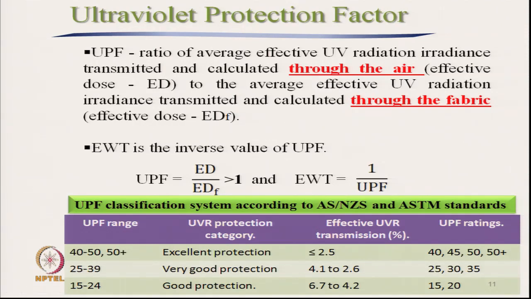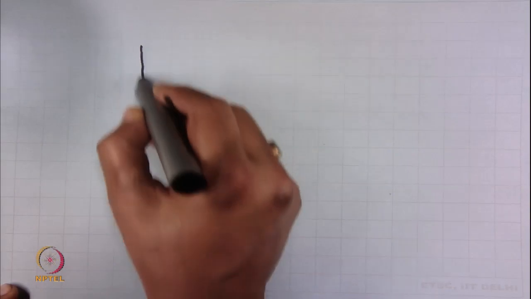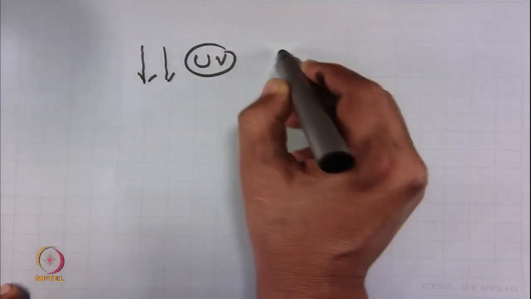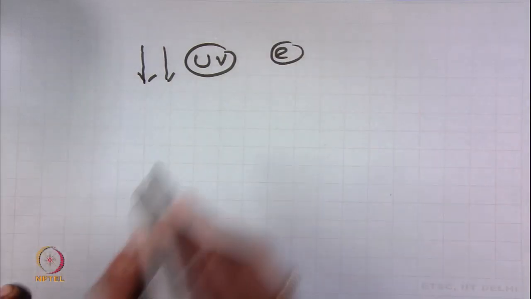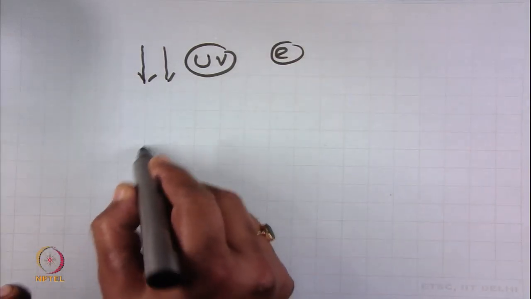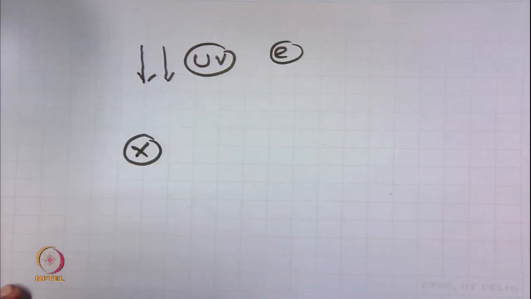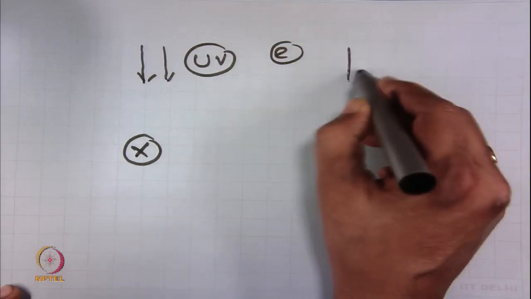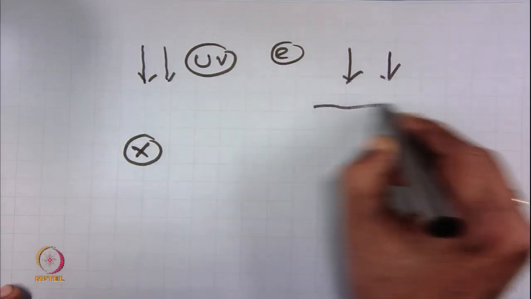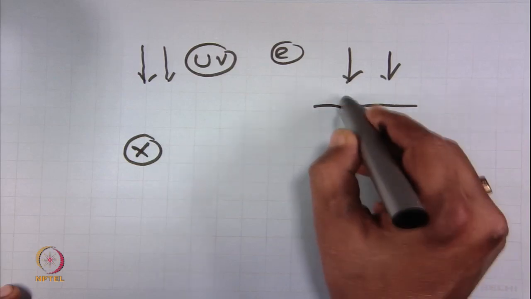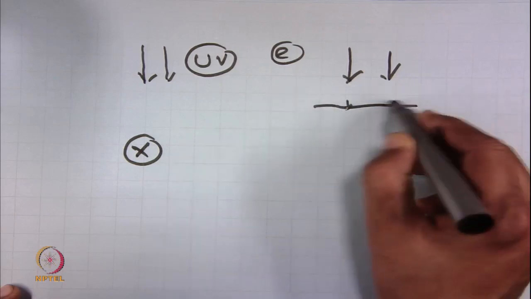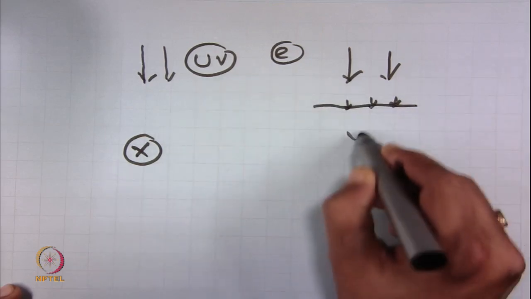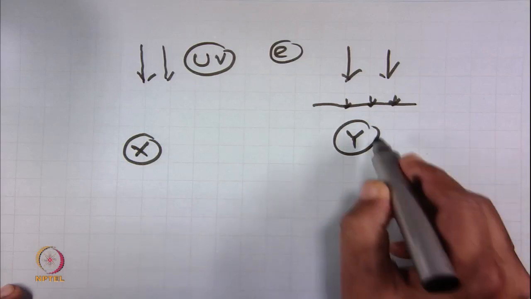Now, suppose there is UV radiation, and we know the energy of UV radiation through air. Suppose it is x value through air, there is no obstruction. The same UV ray we are placing on fabric, and the fabric will absorb certain energy, so the UV radiation coming through the fabric is y.